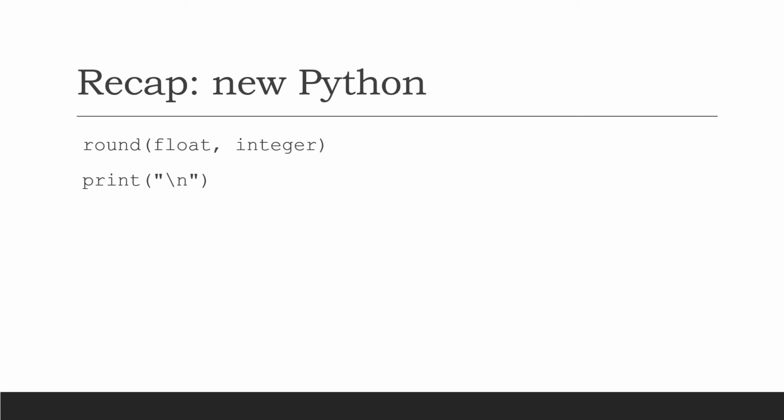And remember, every function returns a value, so the returned value will be the number that you started with, but rounded to a certain number of decimal places. And the second thing that you learned was \n, which is a way of printing an empty line on the screen, and that helps you to space your work out a little bit.